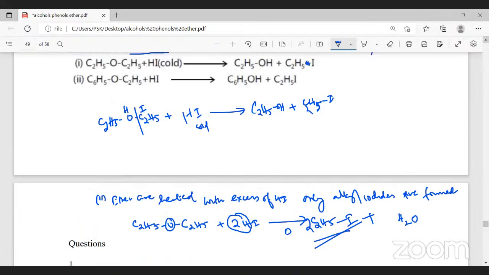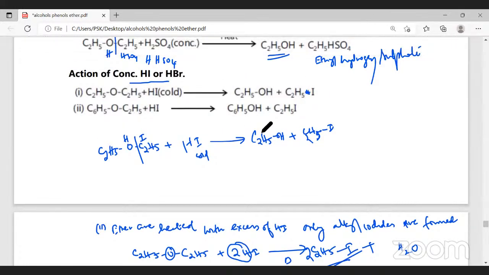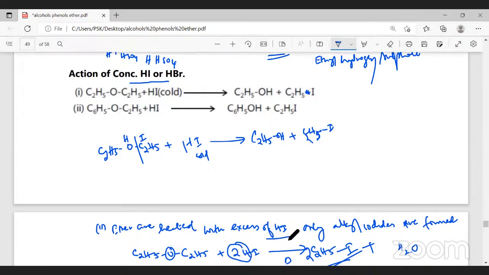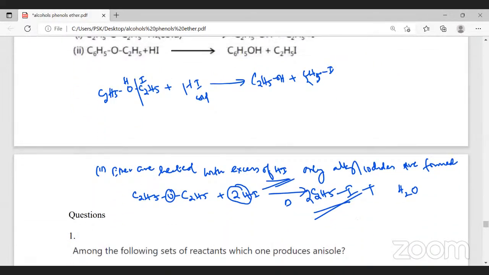So with cold hydrogen iodide, we get a mixture of alcohol and alkyl halide. But when ethers are heated with excess of hydrogen iodide, excess means concentrated also, we can say concentrated hydrogen iodide, we get only alkyl iodides.